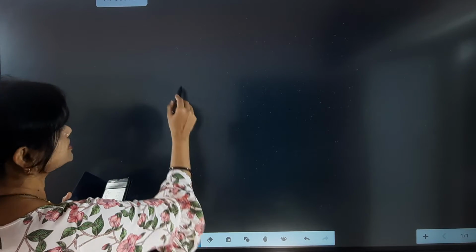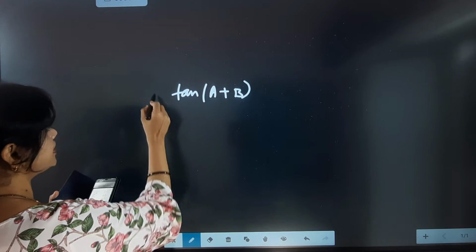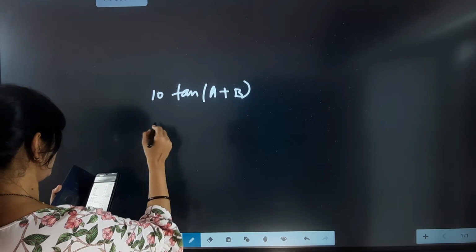Okay. Now next is the tan A plus B formula they are asking. In question number 10 they are telling that tan A plus B will be what?